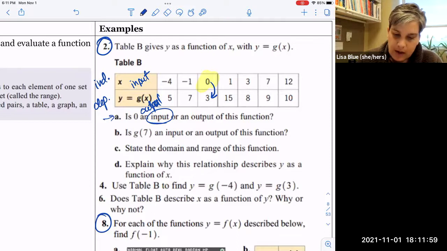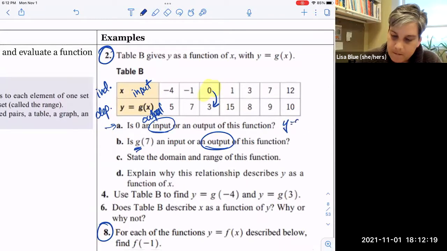And then is g of 7 an input or an output? Well, they're saying g of something, okay? And that's the first clue that this is actually an output, all right? So g of 7, y equals g of 7.